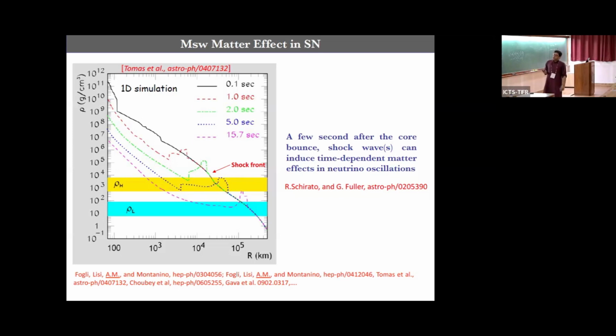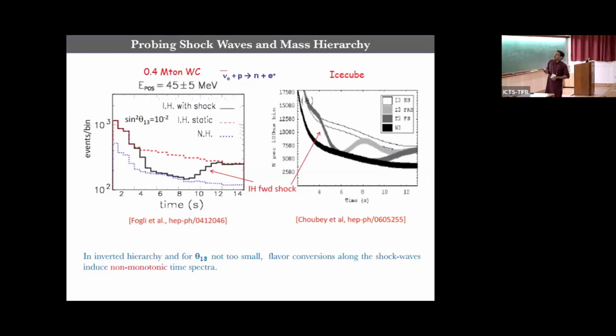So this is what people try to look for, what we call the shock effect, and this is how people thought the events per bin for the shock effect would look like.